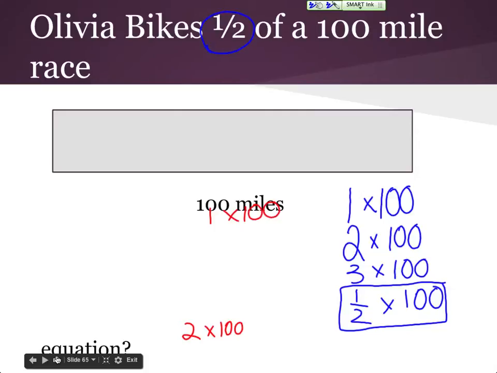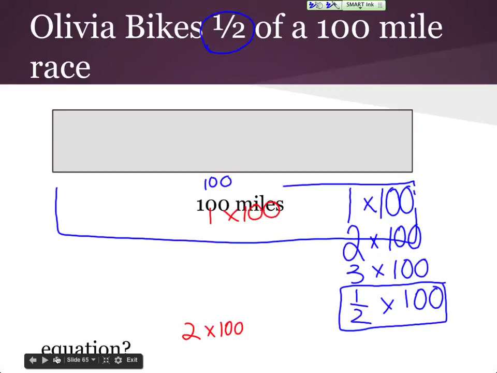Okay. Guys, look up here. If you traveled a 100-mile race, we would go this whole distance, right? Which is 100 miles. If you traveled 200-mile races, she would go this whole distance plus another whole distance, right? So it would be 2 times 100.